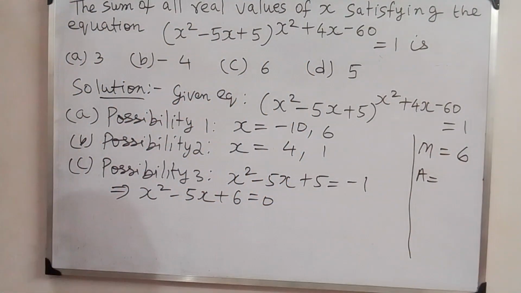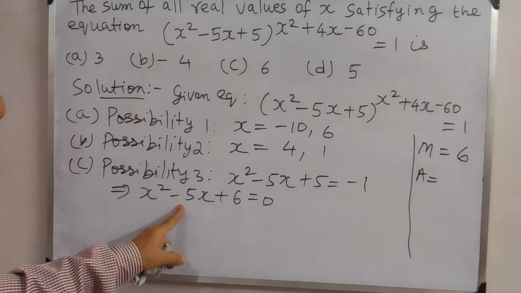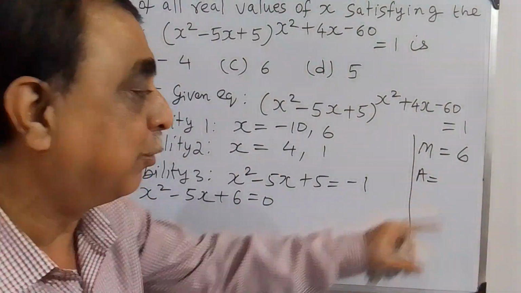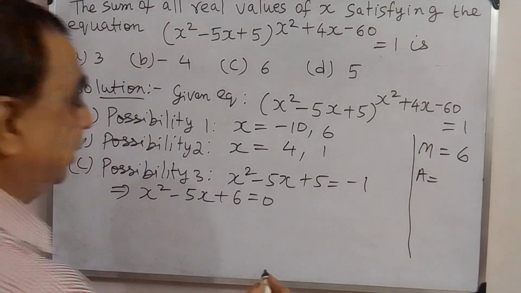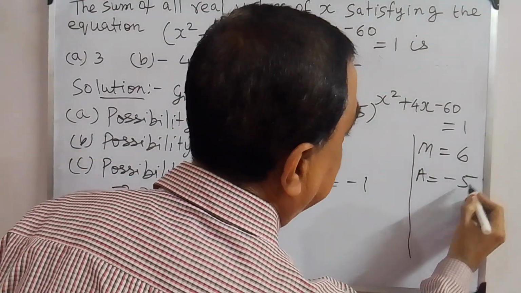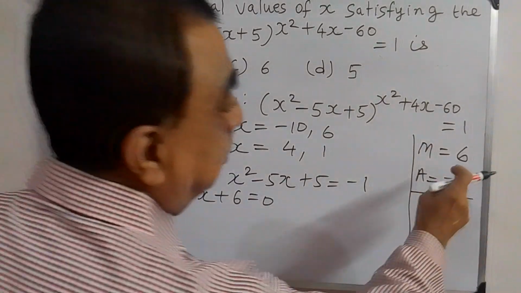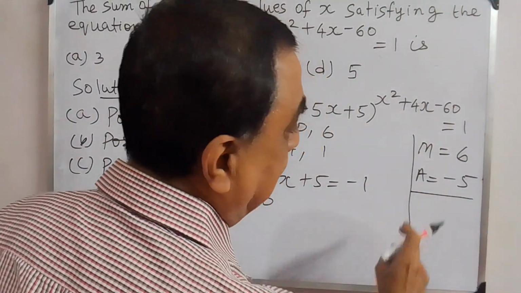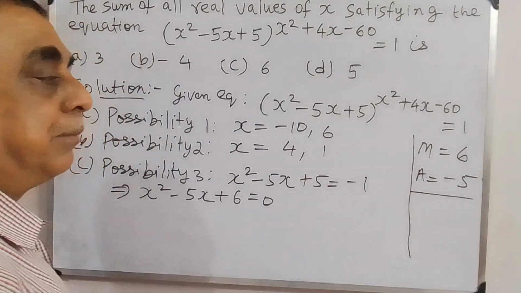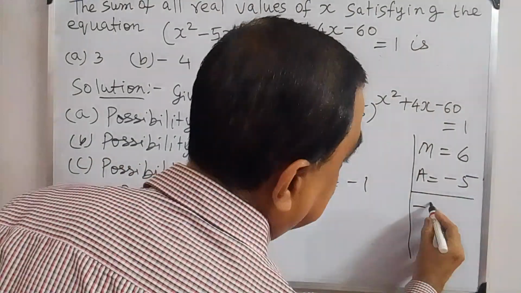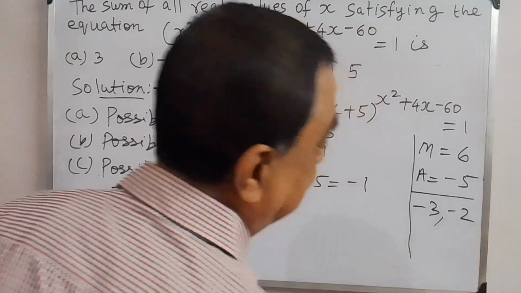For addition, the middle coefficient is minus 5. Now find two numbers which on multiplying give plus 6 and on adding give minus 5. These numbers are minus 3 and minus 2.